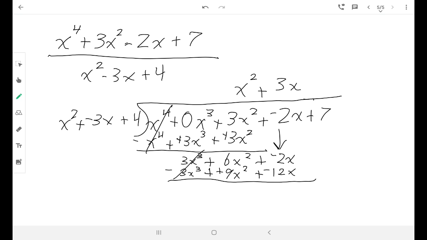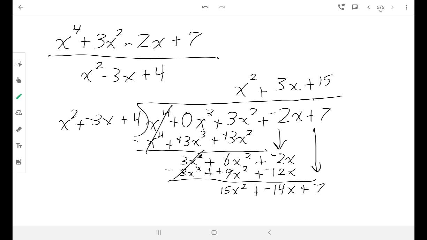6x squared plus 9x squared is 15x squared, plus negative 2x plus negative 12x is negative 14x. Put a plus, bring down the plus 7, and start this game over. Now what do you have to do to make that through multiplication is just multiply by 15.